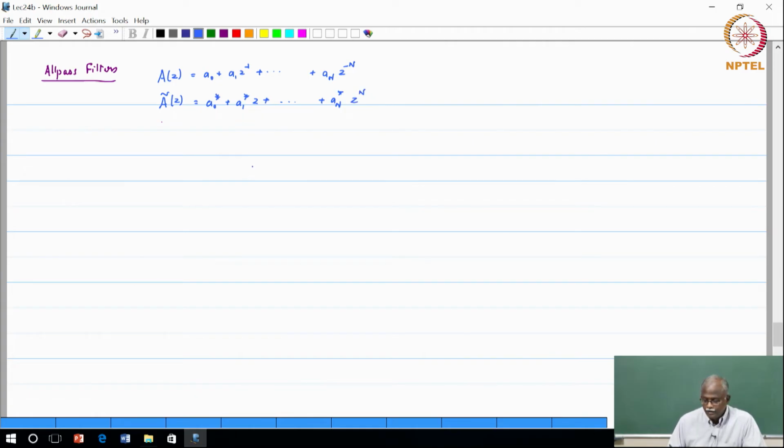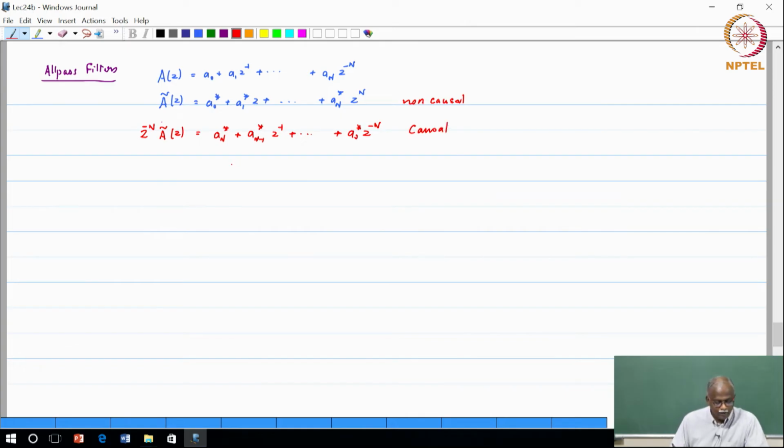Am I right? So this is non-causal. But if I do z to the power minus n times A tilde of z, then what do I get? I get a n star plus a n minus 1 star times z inverse, and so on, plus a naught star z to the power minus n, which is causal.